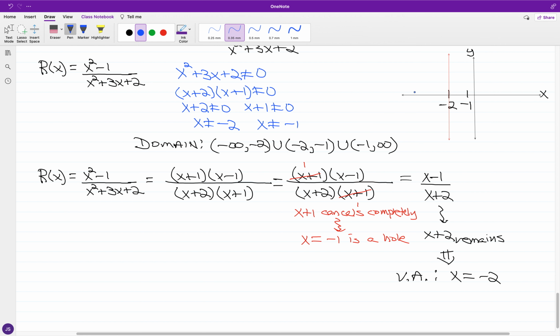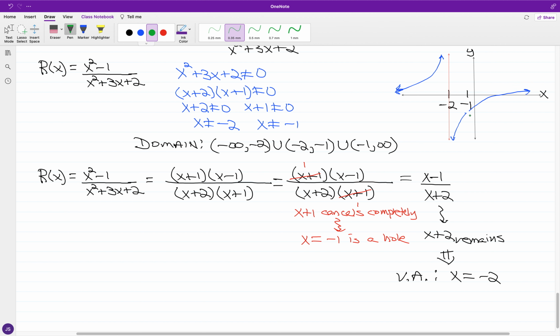Doing a rough sketch here, the graph of r of x never comes into contact with the vertical asymptote. I'm not drawing this to scale.